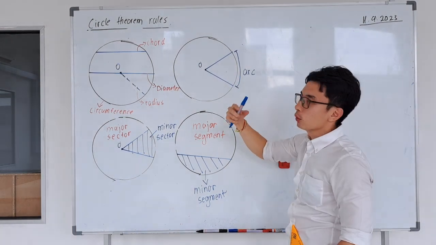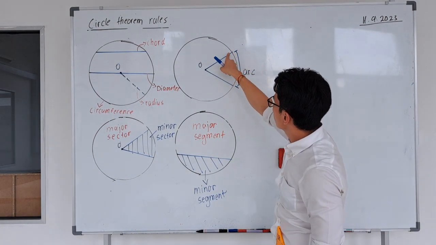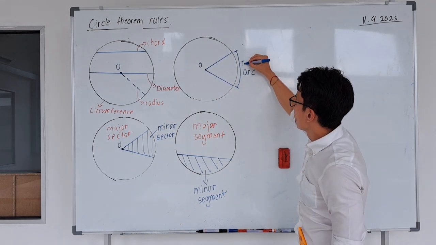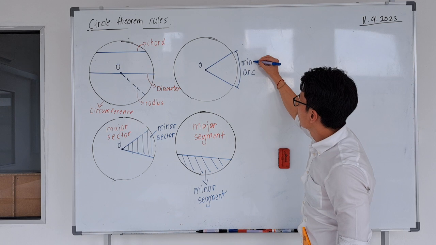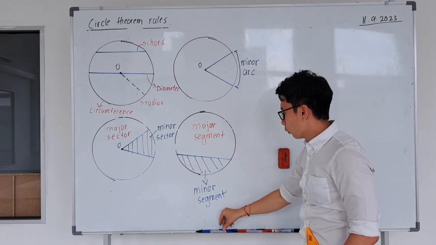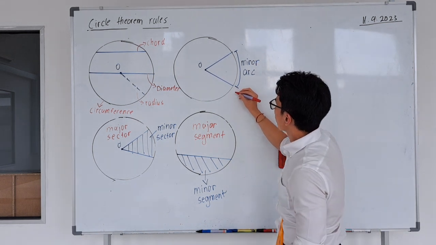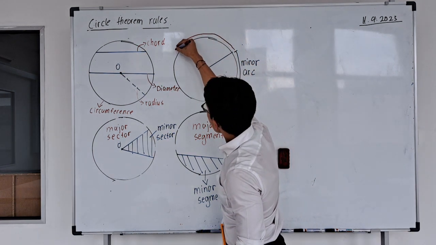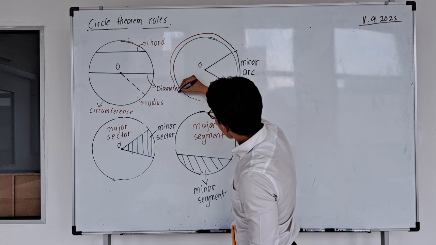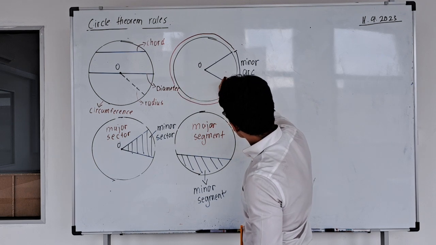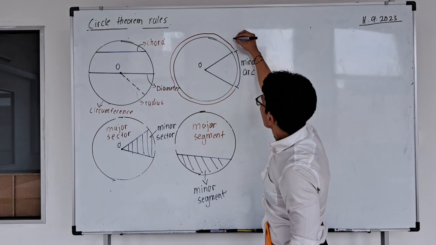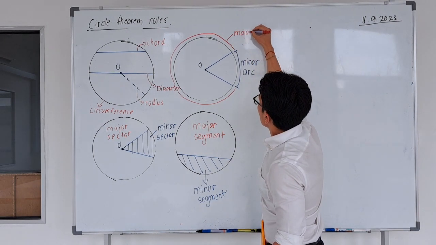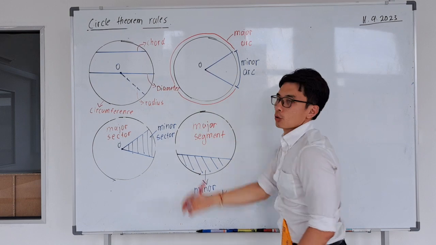But again, you will notice there is a smaller arc and there's a big arc over here. So we will call this the minor arc. And for the big one, we will call this the major arc over here.